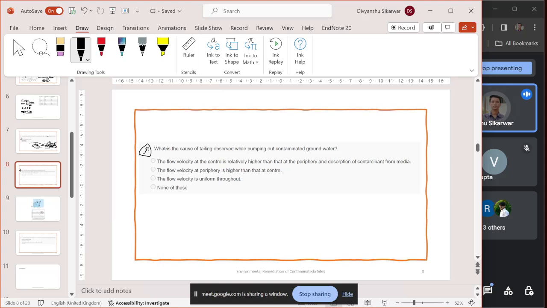So the question is asking, what is the cause of tailing observed while pumping out contaminated groundwater? Those who have attended the lectures might have understood the term tailing.